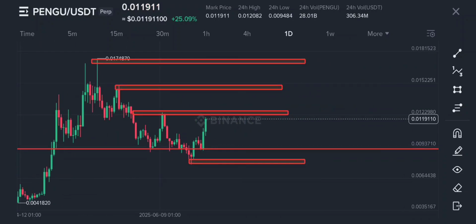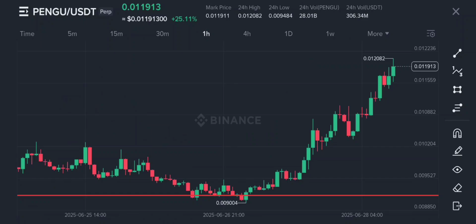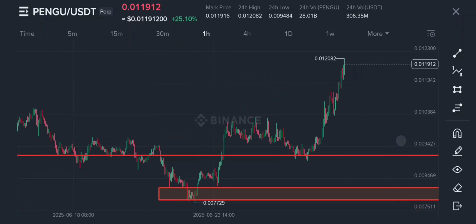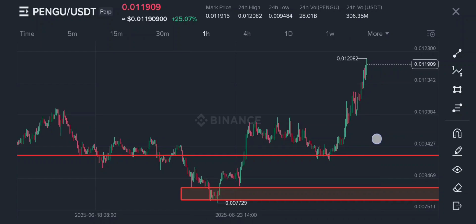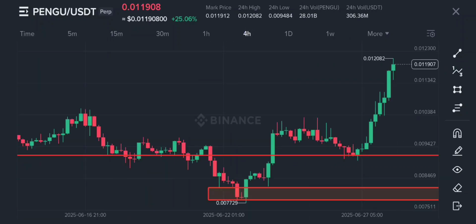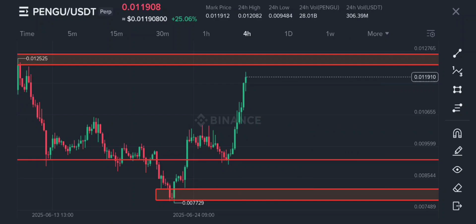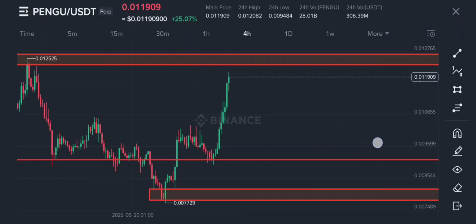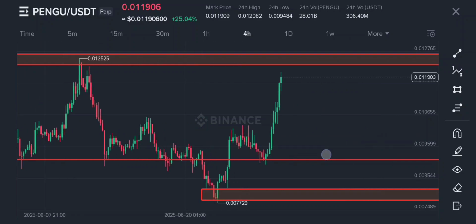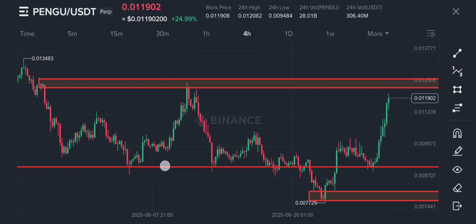The market is approaching. This is 1 hour. The market is approaching our area of interest here, but we have to wait. When the market gets to your area of interest, then we make a decision.